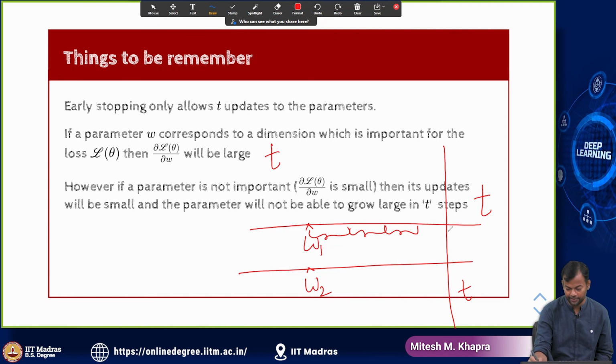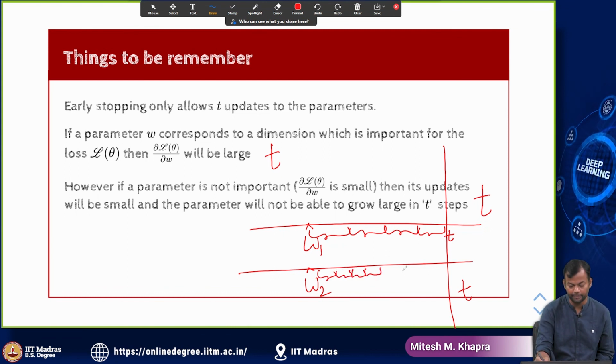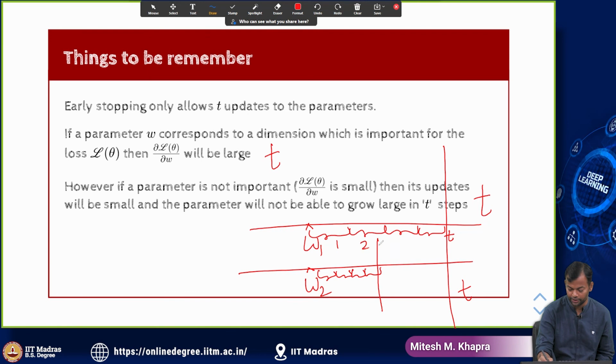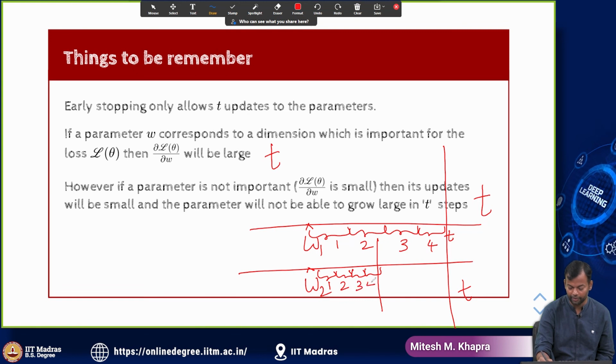So after T steps, it would have been a slightly larger value. Whereas for W2, your updates would have been smaller because it was a less important parameter and hence the gradients were smaller. So here I have taken T equal to 4. After 4 time steps, W1 is still farther away from the initial value, but W2 would not be very far away from the initial value.